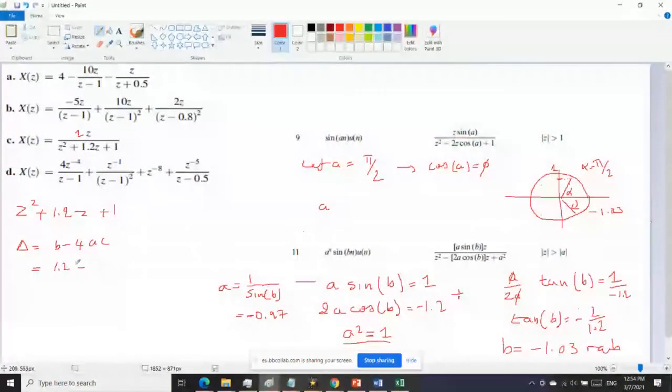So B squared, which is 1.2 squared, minus 4AC. A is 1 and C is 1.